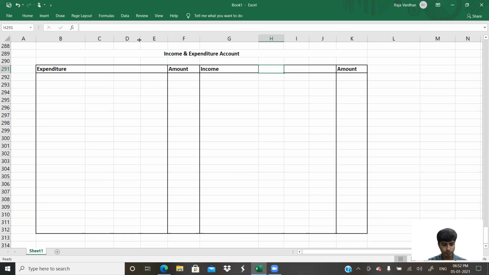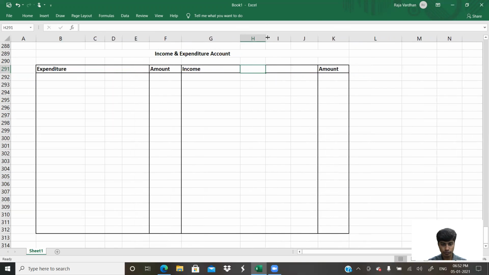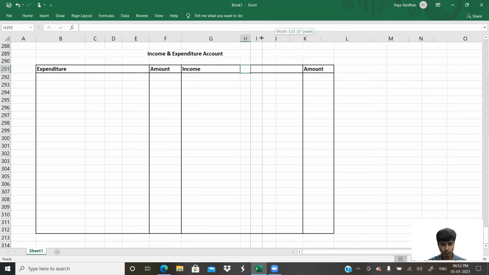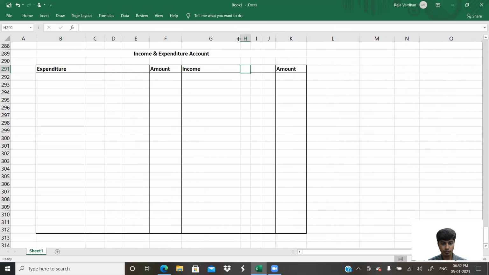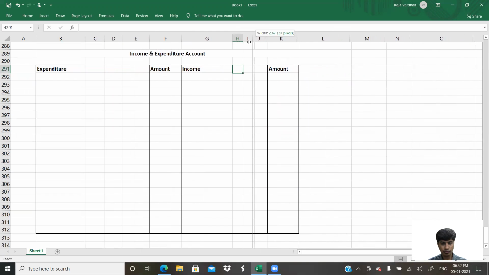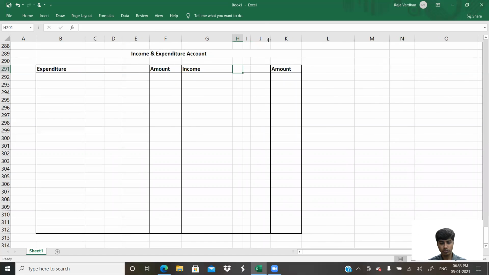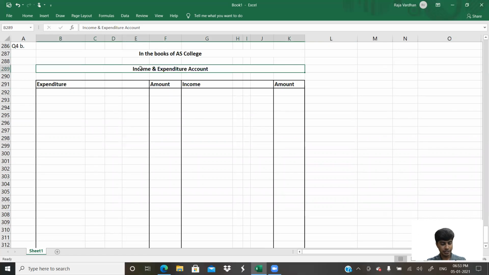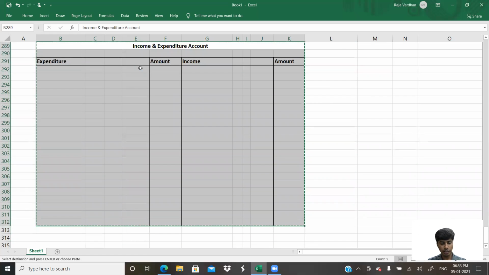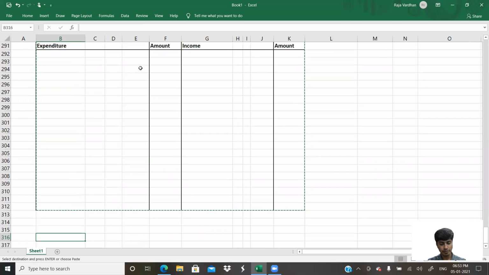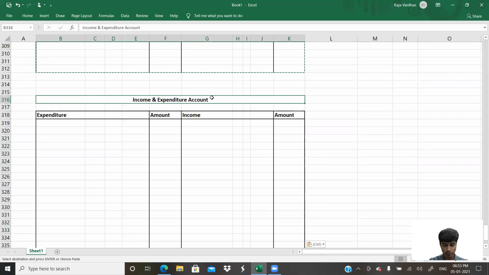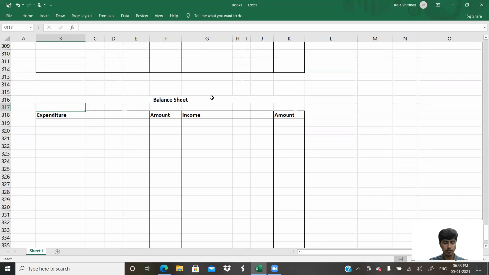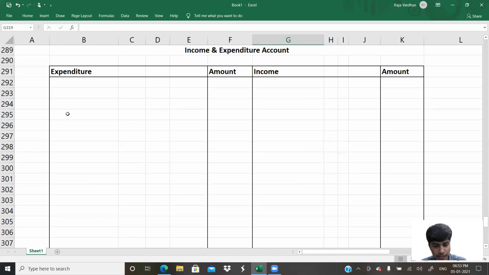Good to go. Same thing. You'd have to prepare one more. You call it balance sheet. We'll copy the format, put it right below. Call it balance sheet. This expenditure will become liabilities and incomes will become assets. I think this by far is sufficient.